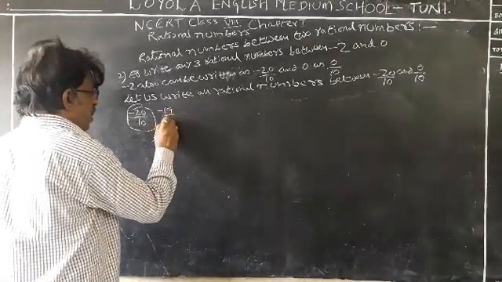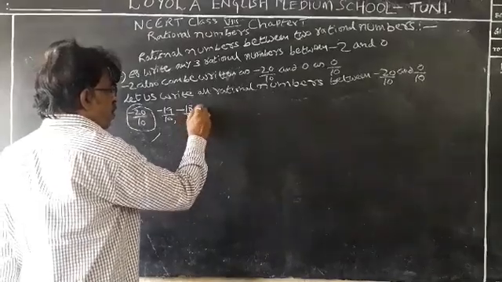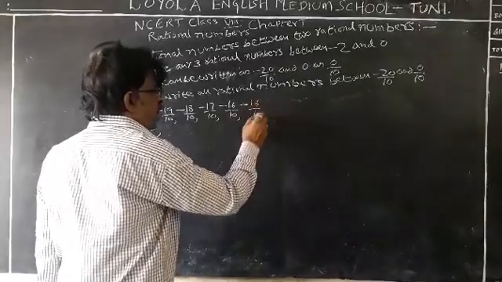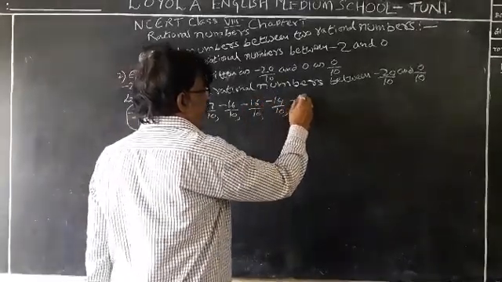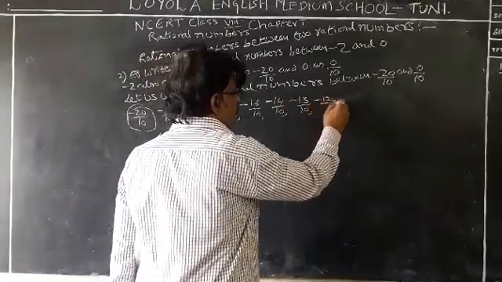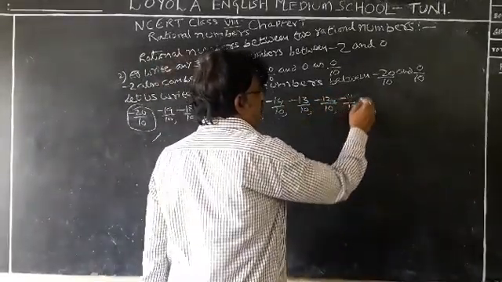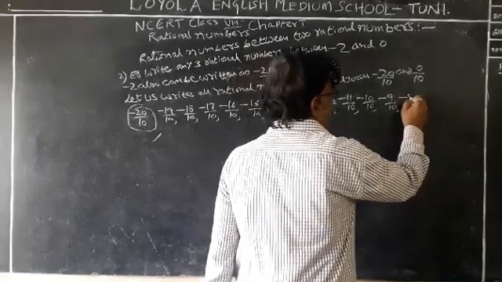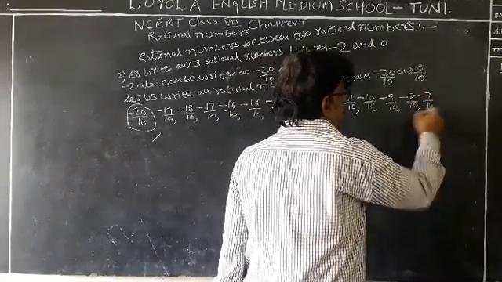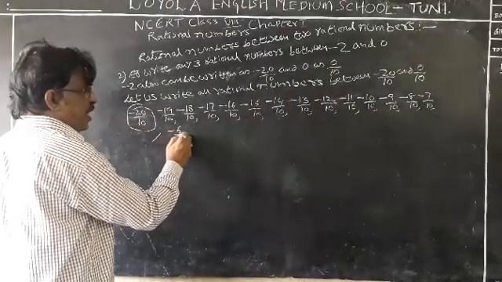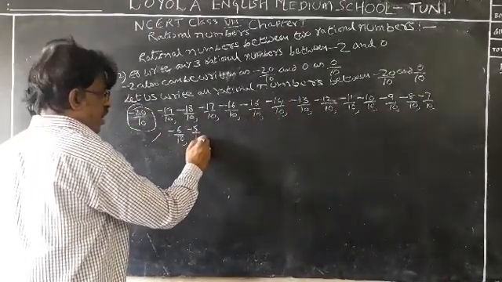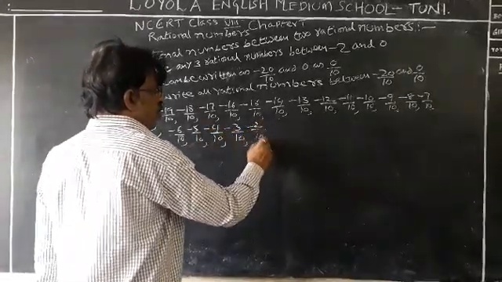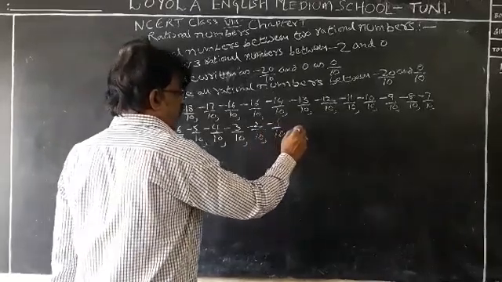-19 by 10, -18 by 10, -17 by 10, -16 by 10, -15 by 10, -14 by 10, -13 by 10, -12 by 10, -11 by 10, -10 by 10, -9 by 10, -8 by 10, -7 by 10, -6 by 10, -5 by 10, -4 by 10, -3 by 10, -2 by 10, -1 by 10 and 0 by 10.